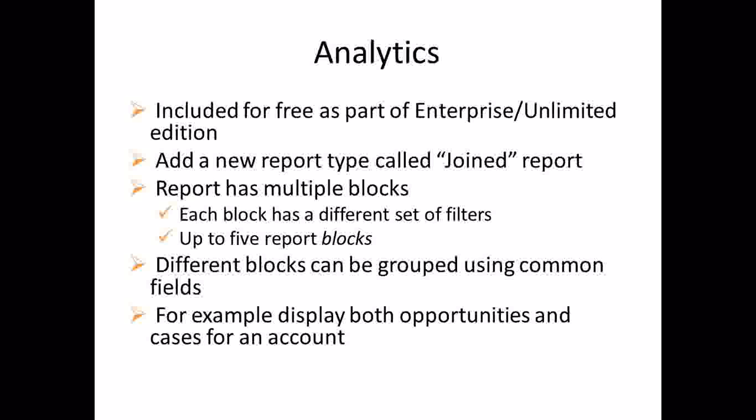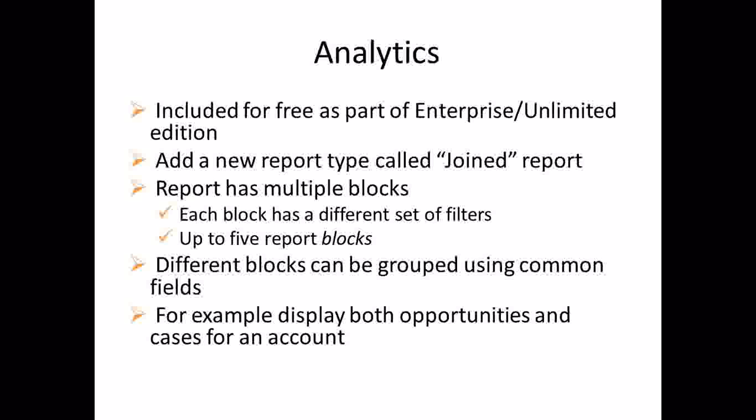As you know, traditionally there are three report types: summary, tabular, and matrix reports. This analytics is basically a new report type called joined report. What this allows us to do is have multiple reports on multiple objects running together, multiple report types essentially. We can have a report divided into multiple blocks, and each block will correspond to one report type.